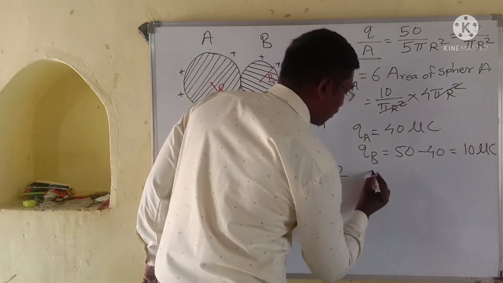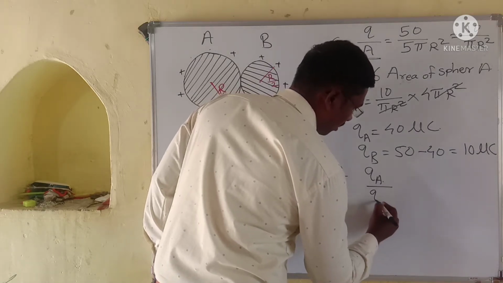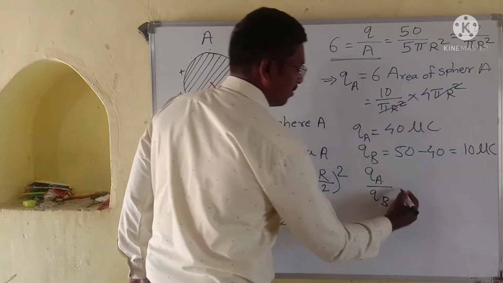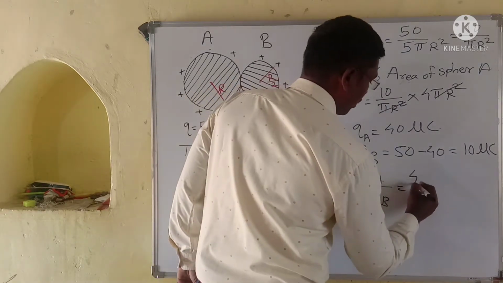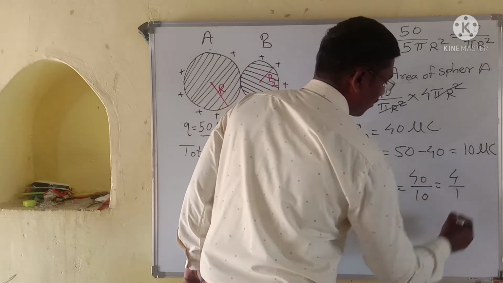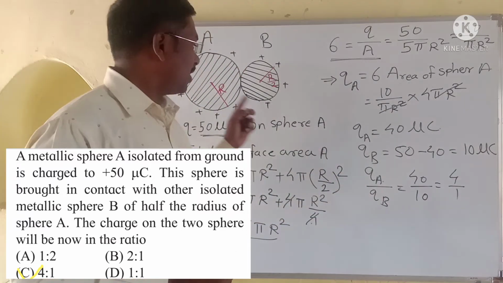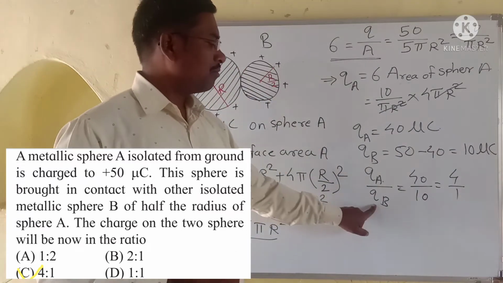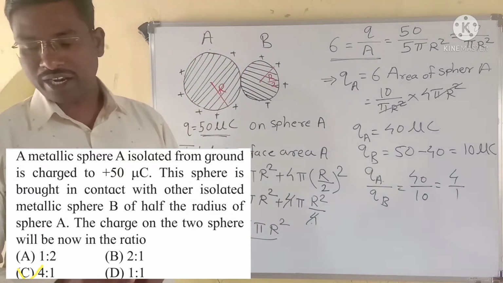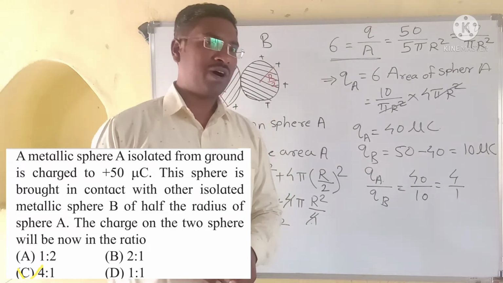And we have to calculate the ratio of charge on both spheres, QA divided by QB, which is equal to 40 divided by 10, which is 4 by 1. The ratio of charge on sphere A to sphere B is 4:1. And the correct answer, option C, is 4:1.